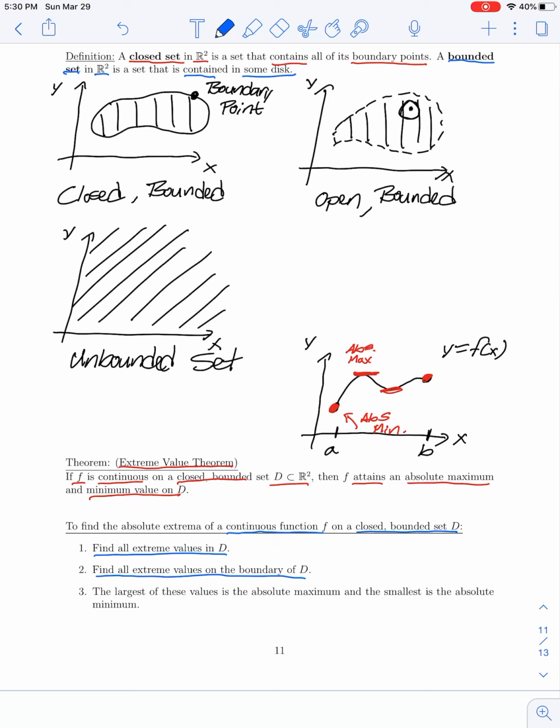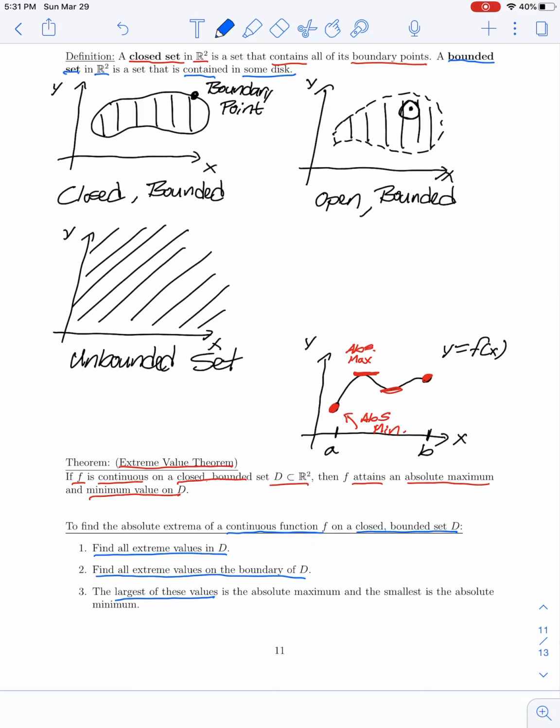The next step is to then find the extreme values of our function on the boundary of our set, that is, on its edge. Just like we did for single variable functions where we had to consider the endpoints, for a set in the plane the endpoints would consist of the edge or the boundary of that set.